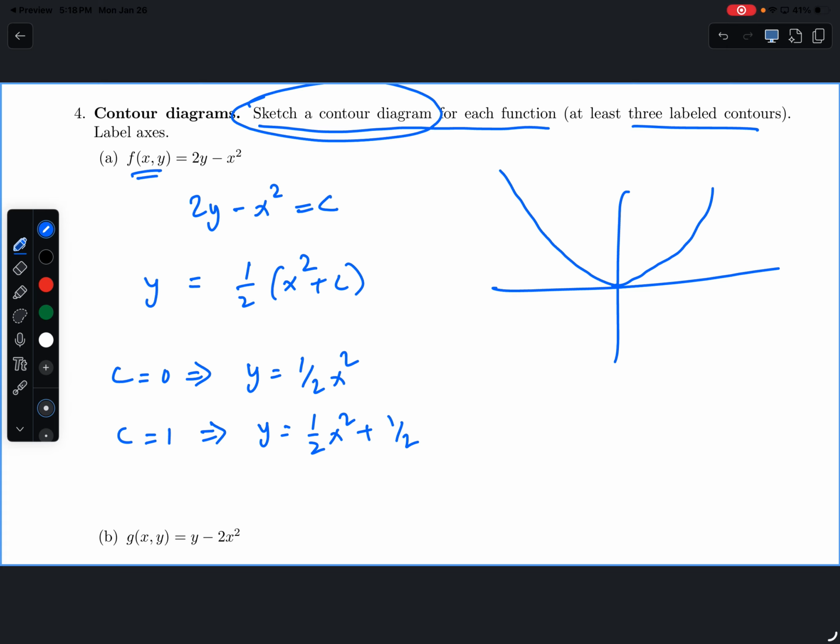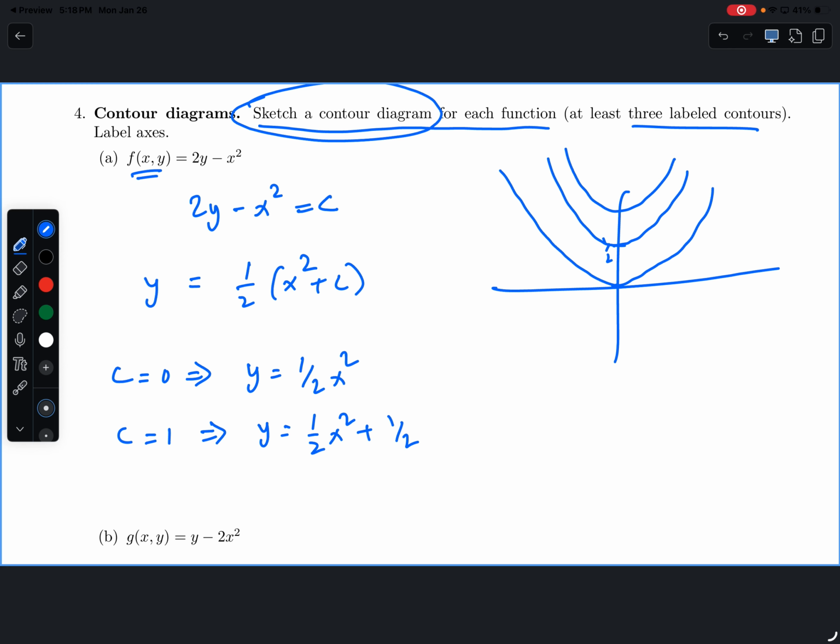So what is this? This is a parabola which is shifted half unit up in the y direction. So this is 1/2, and this is the second curve. And then you put c is equal to 2, you get another curve.